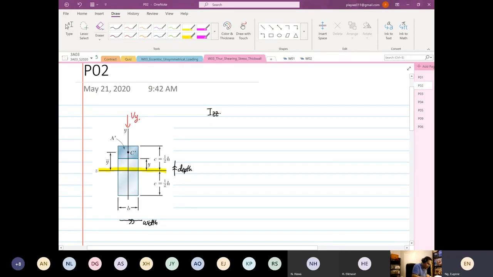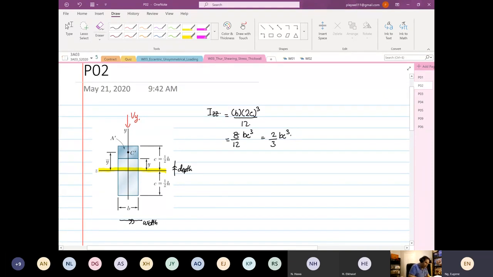So your Izz, the width is B, the depth is 2c cubed over 12. This is equal to 8 over 12 BC cubed, which equals 2/3 BC cubed.